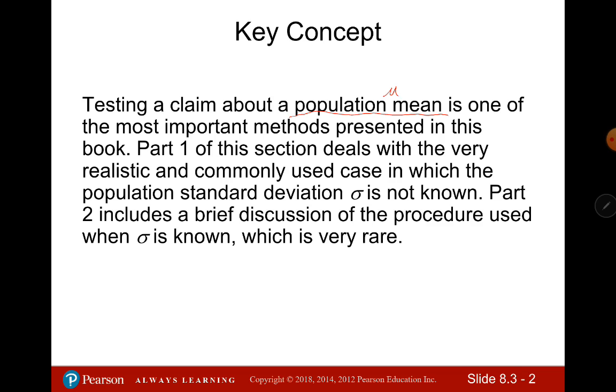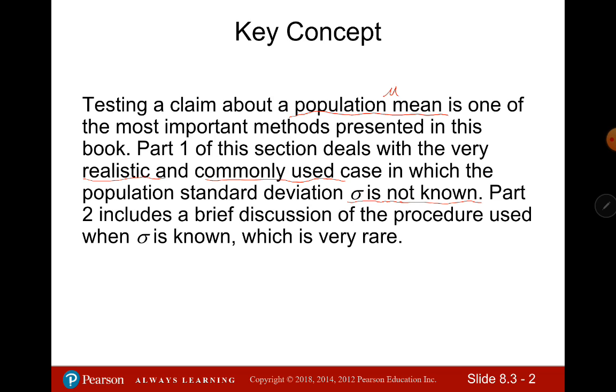In part 1, we will talk about the realistic, commonly used case in this test, which means sigma is not known. It's almost impossible to get the value of sigma, the population standard deviation, in real-world problems.